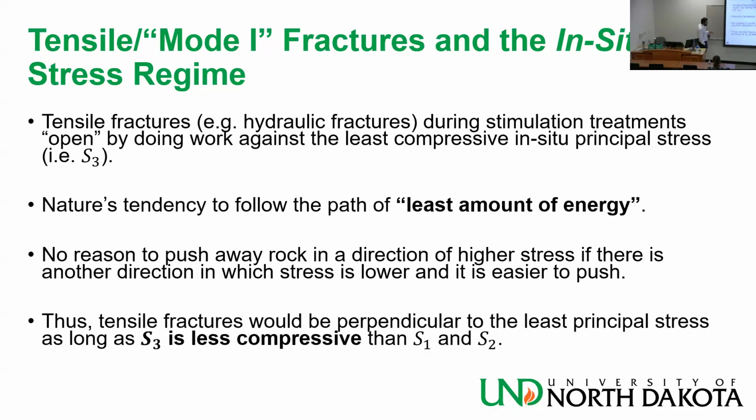He should have said they propagate in the plane of SH max and SV, because they propagate as a plane, they're not propagating as a line. But assuming that SH max is smaller than SV, it would be more moving in the SH max direction than height wise. That's why he simplified it like that.